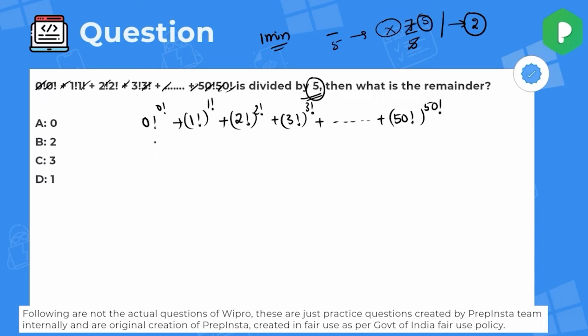What is meant by 0 factorial? 0 factorial is nothing but 1, and 0 factorial again 1. 1 power 1 is nothing but the last unit digit is 1. So now I am trying to find all the unit digits, because dividing the entire expression by 5 is the same as individually dividing by 5, right?